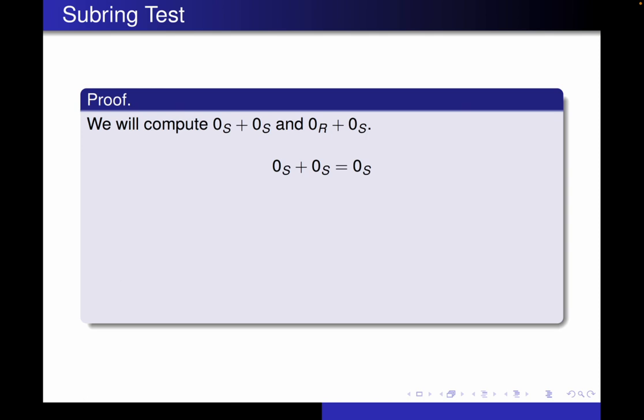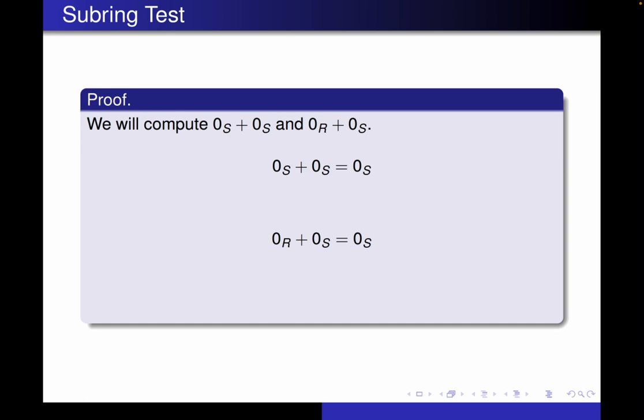Now, if we take 0S plus 0S, since 0S is the additive identity in S, when we add those together, we get 0S. And note that that addition is the same addition in R, since S has the exact same addition as R does. Also, 0R plus 0S is also equal to 0S, because 0R is the additive identity in R. That means it acts as an additive identity for all elements of R, including whatever that 0S is.